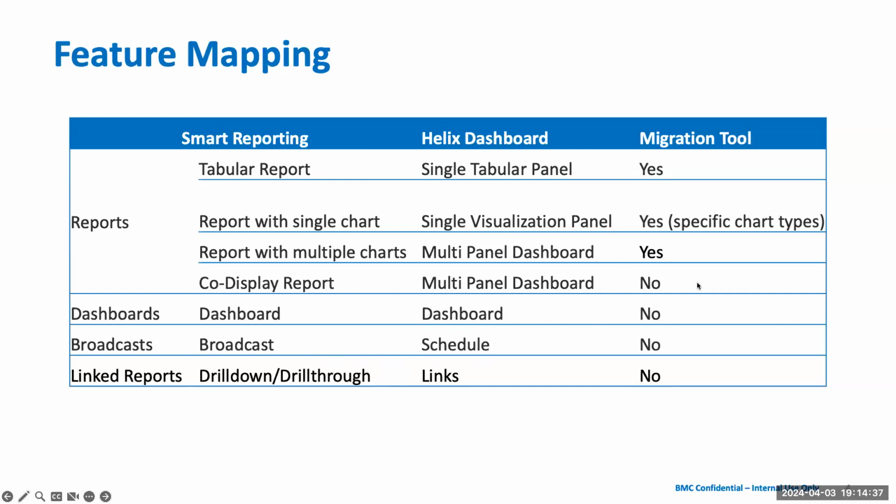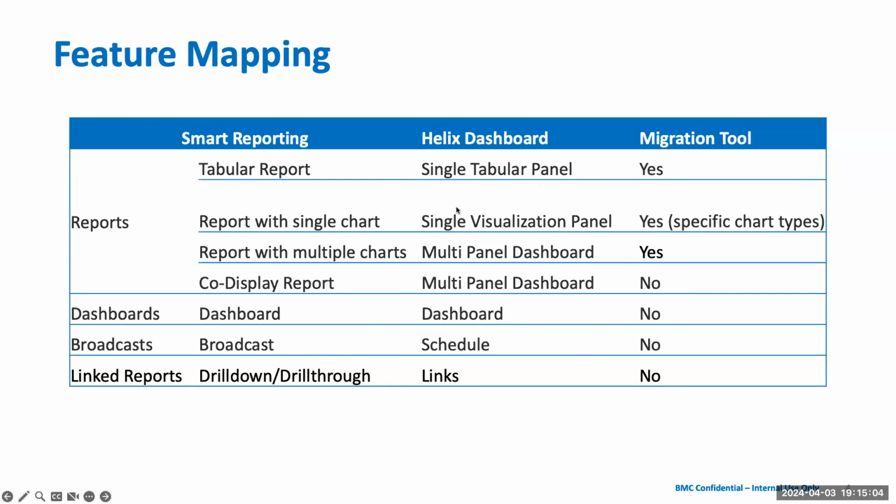Now, some of these object types are supported by the conversion utility, some of them are not, and some of them have conditional support. So for example, the chart types. Some of the chart types are supported by the tool and some of them are not. And we'll talk a little more about this in the next slide.